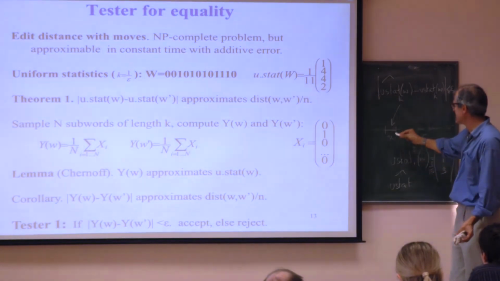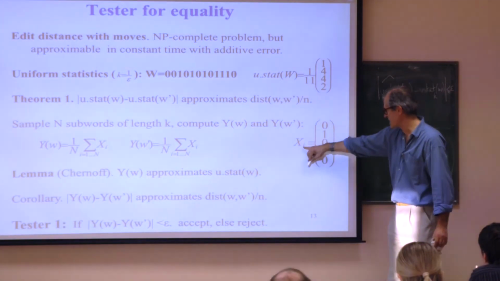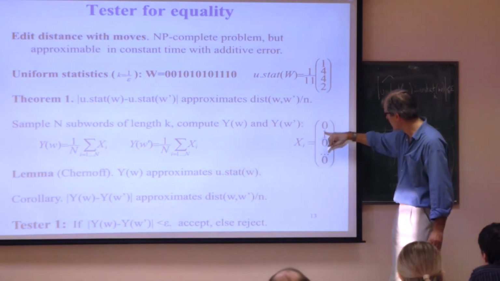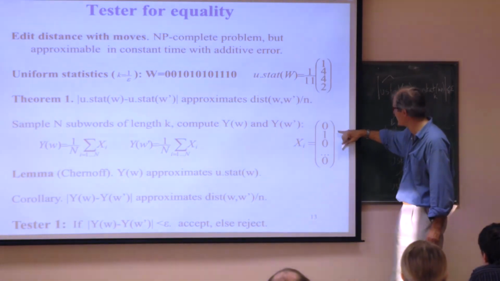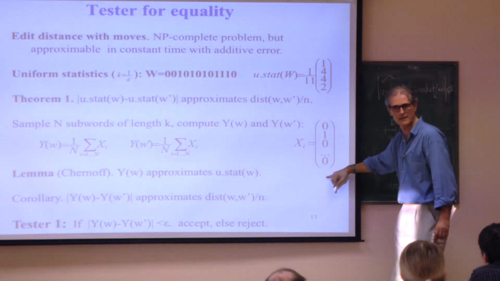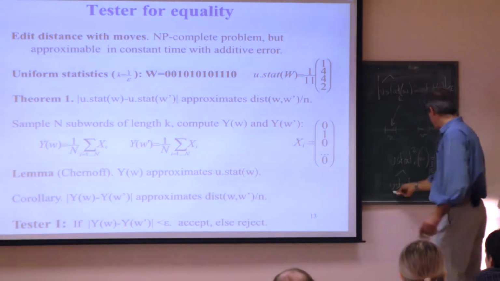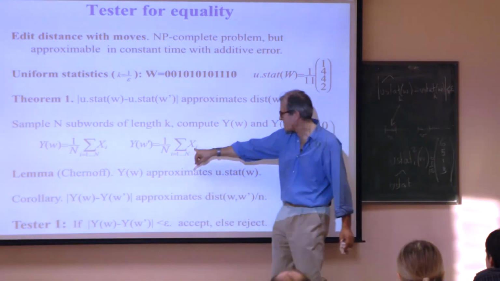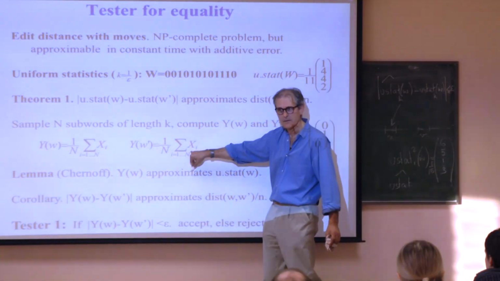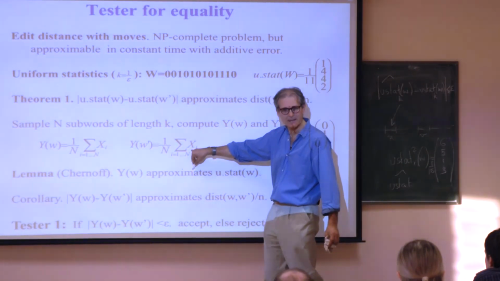So imagine that every time you get some U's, you generate this random variable with a 1 on the corresponding subword you see and 0 on the others. Okay? Then, when you compute the U-stat hat, the random variables, what you're actually computing is this. Right? Now, this is a sum of independent random variables.